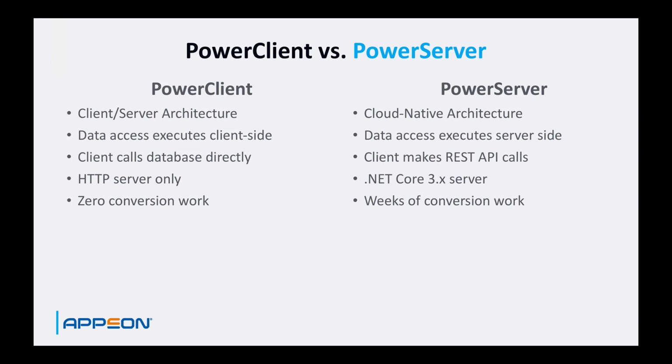So you do need a .NET server, and PowerServer, the latest version coming, version 2021, is switching over from the old .NET Framework to .NET Core 3.x. And what's nice about .NET Core 3.x is that's the future. That's where Microsoft is moving. They're discontinuing the old .NET.